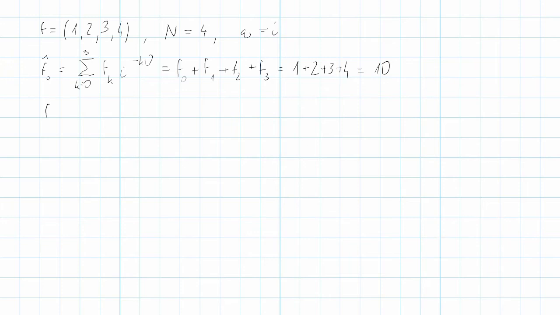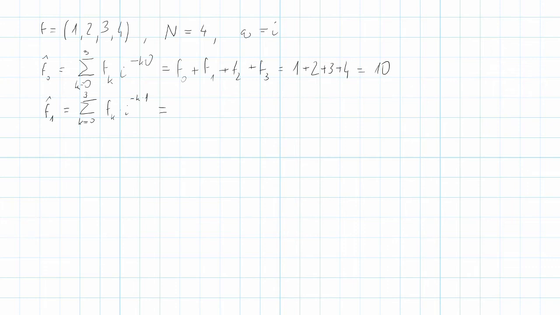So let us compute the next coefficient, f1 hat. It's again by the same formula. This is the sum from k equal 0 up to 3, fk times i to the power minus k times 1, so minus k.